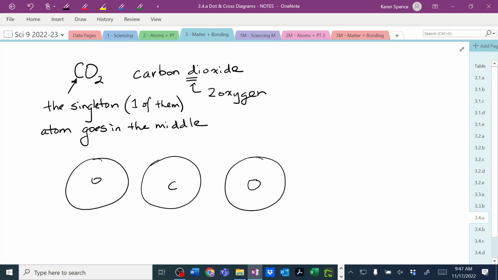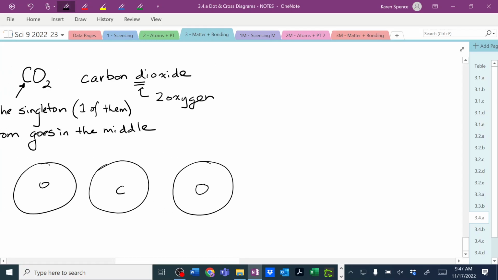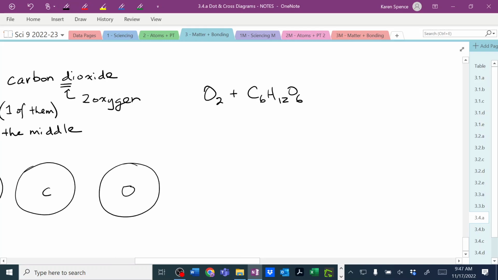So what happens in your body is we breathe in the oxygen, and the oxygen reacts with sugar, C6H12O6. That's glucose. Those two things react together, and the carbon is going to get together with some of that oxygen, and the hydrogen is going to get together with some of that oxygen, and they recombine in a chemical reaction.